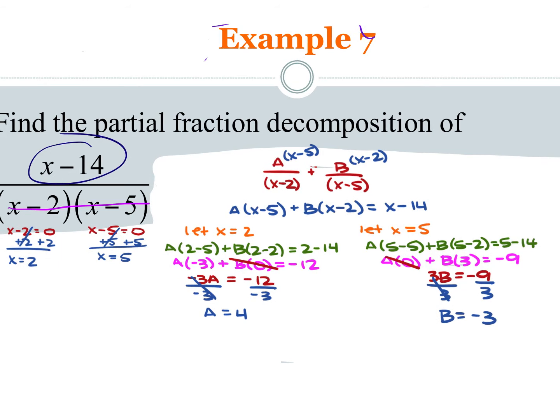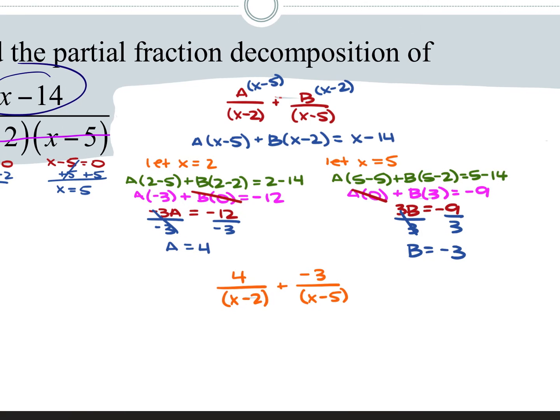So from here, just plug in the 4 for a and the negative 3 for b in that a over x minus 2 plus b over x minus 5. This is going to give us 4 over x minus 2 plus negative 3 over x minus 5. Now, sometimes you can leave it like this. Other times, especially on an SAT, ACT, anything like that, you'll see this simplified further.